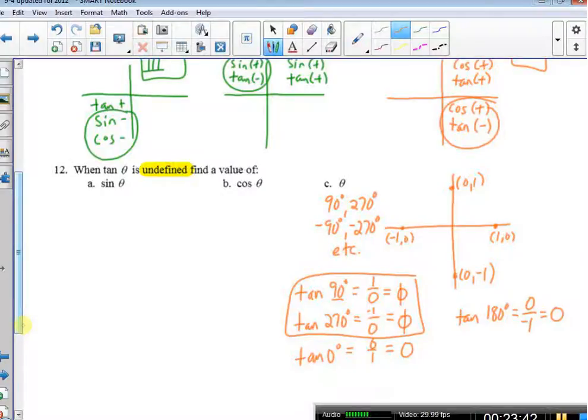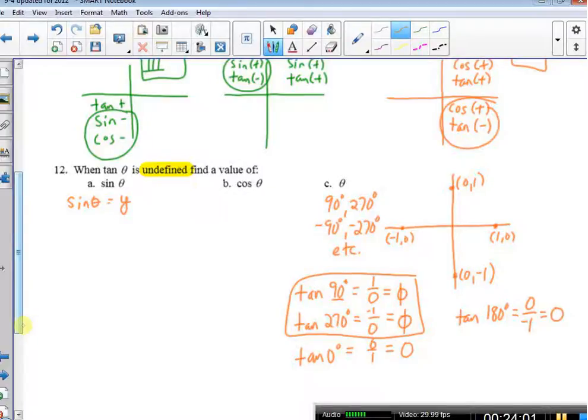So when it's undefined, what is the sine and what is the cosine? Well, sine theta is equal to the y. So if I look at the y coordinates, they are 1 and negative 1 at 90 and 270.